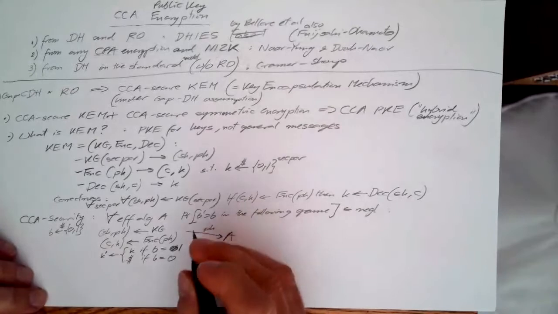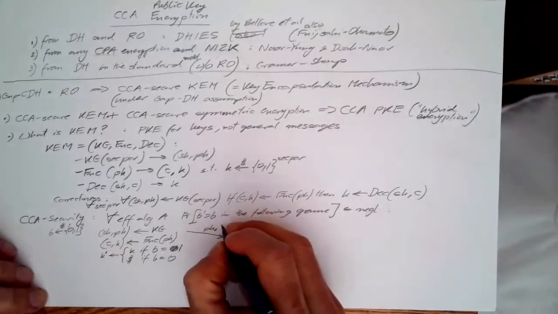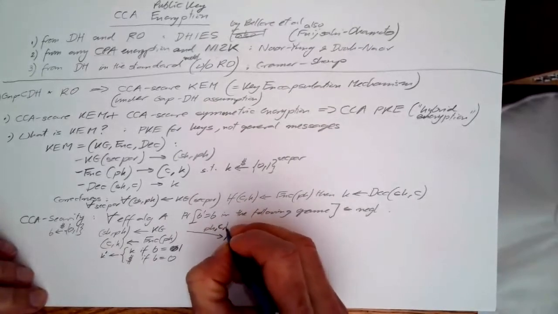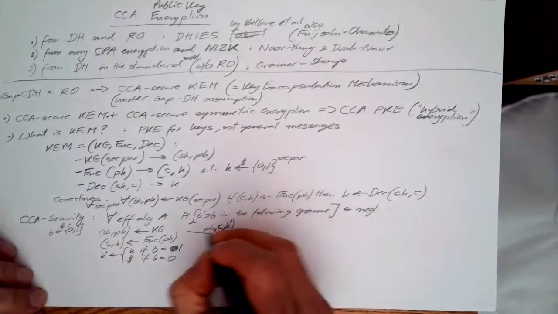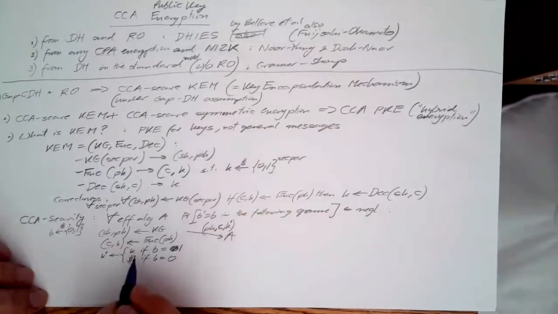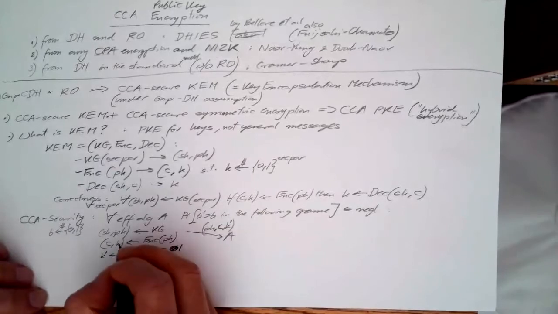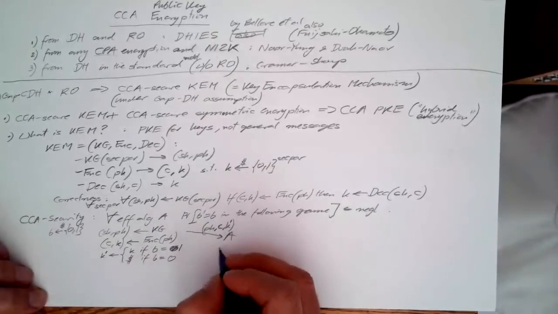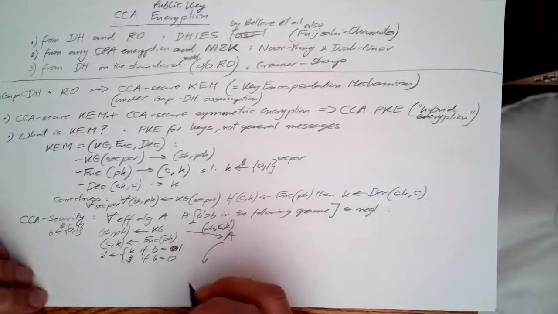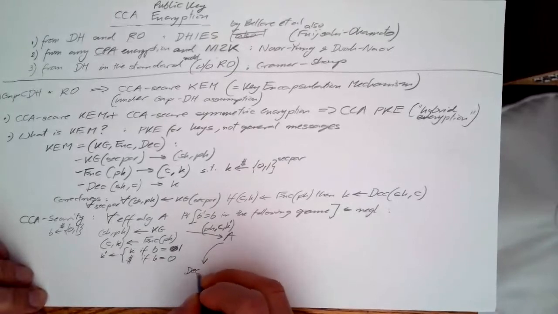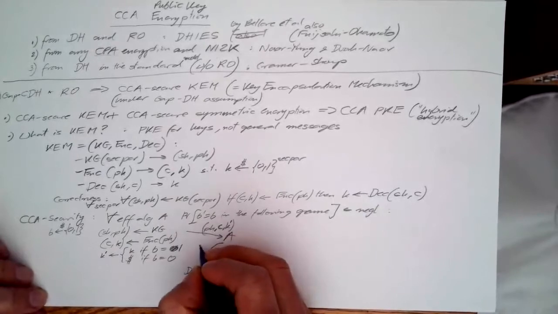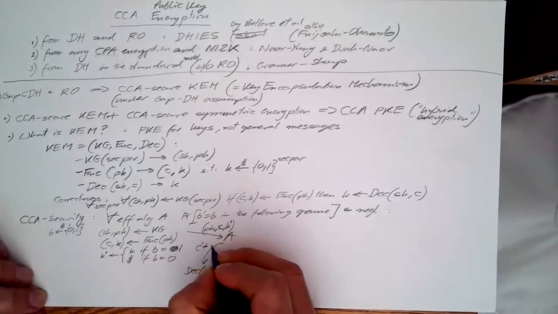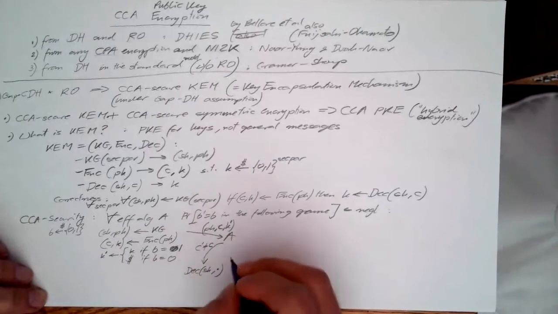So the attacker gets the public key, the ciphertext, and this key, K prime, which is either real, which is the decryption of the key that is encrypted in C, or it's a random string. And the attacker can query the decapsulation oracle on arbitrary ciphertext as long as they're different from the challenge ciphertext.